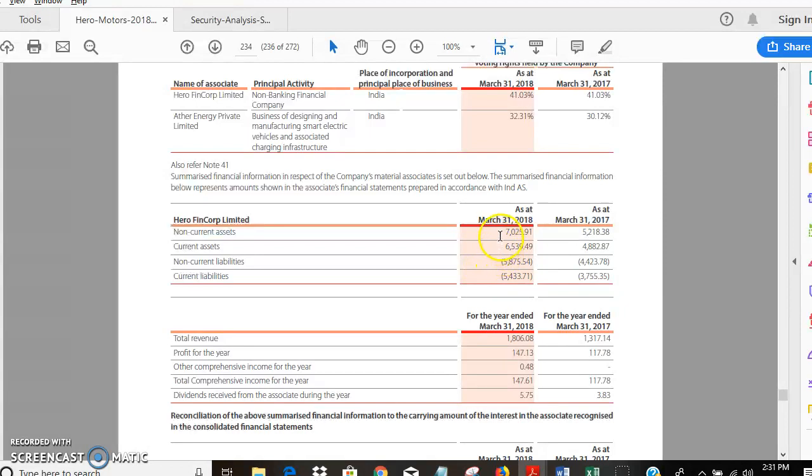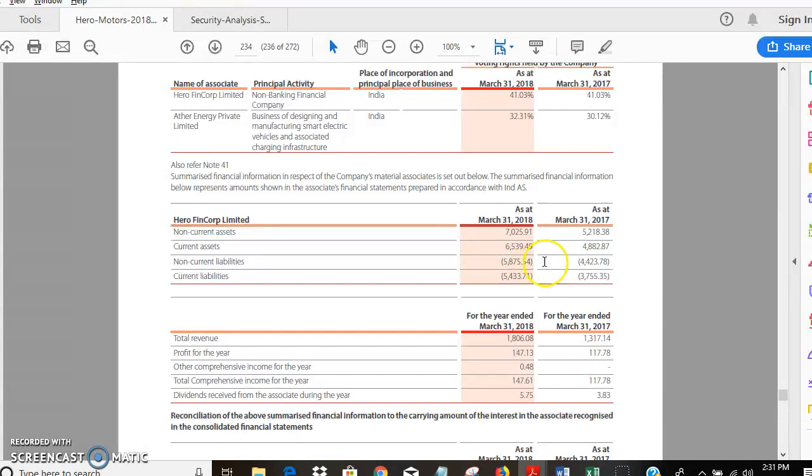Its non-current assets and current assets, if we add, are about 13,500 crores. And if you add their liabilities, they are about 11,200 crores. So 13,500 against 11,200. This is like a highly leveraged business, right?